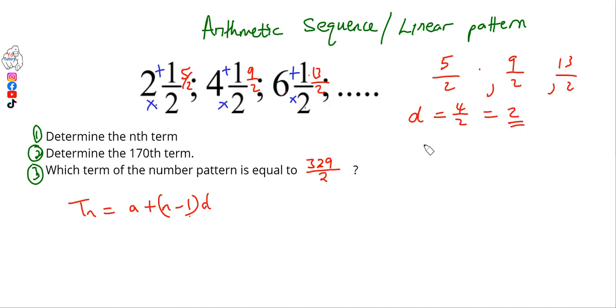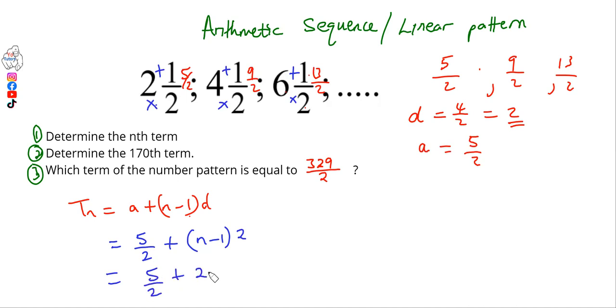Then what is the first term? First term is 5 over 2. Then what do we do here? We substitute. 5 over 2 plus, what is our n? n minus 1. What is our d there? d there is 2. So we're going to bring down here: 5 over 2 plus 2n minus 2.